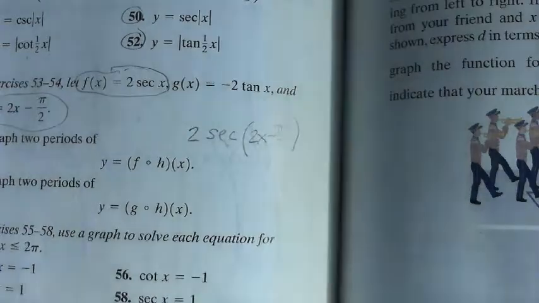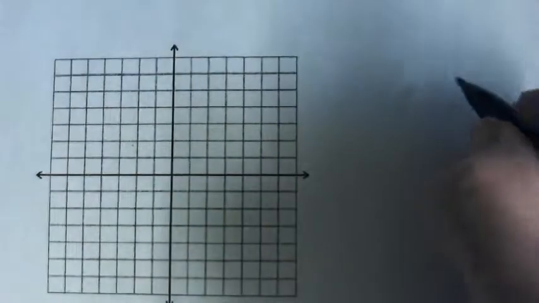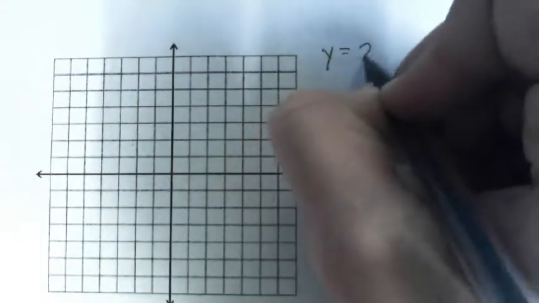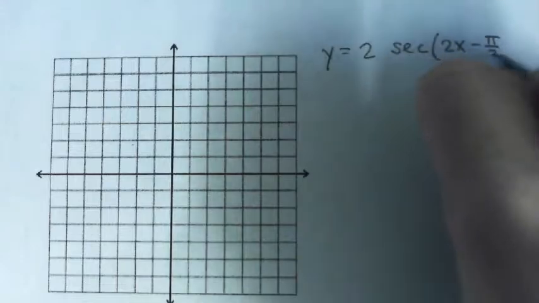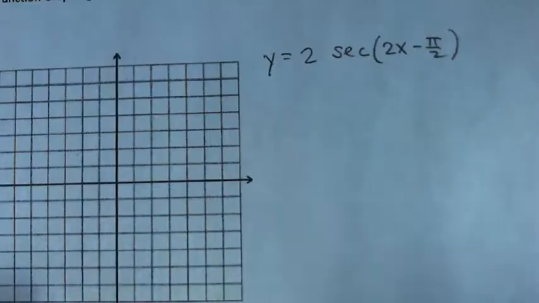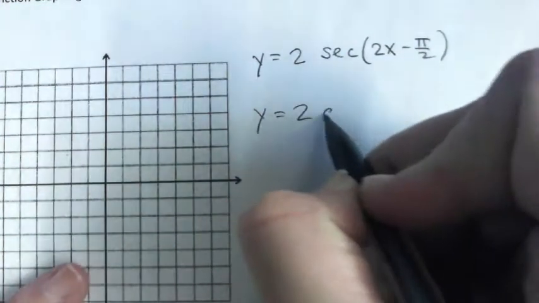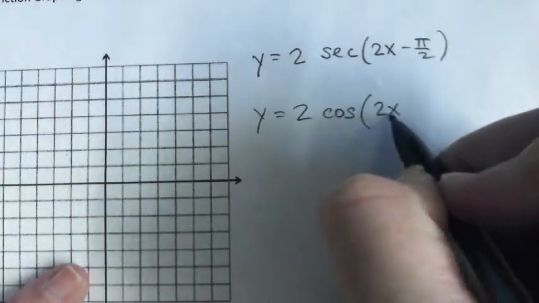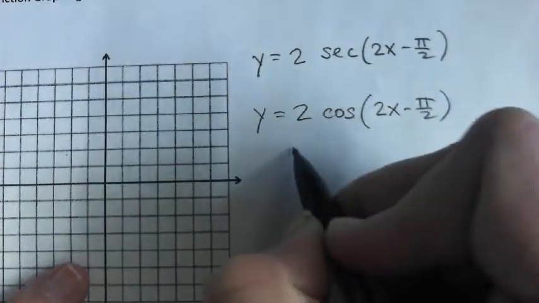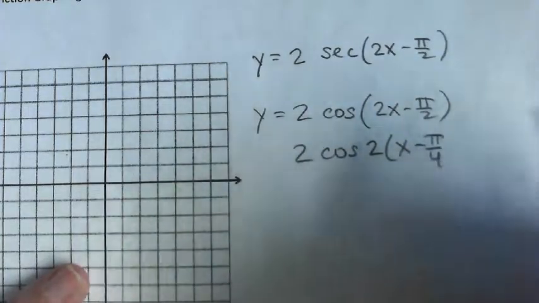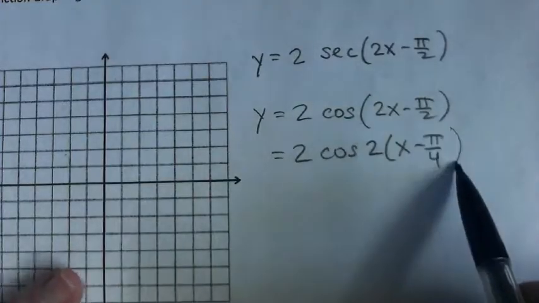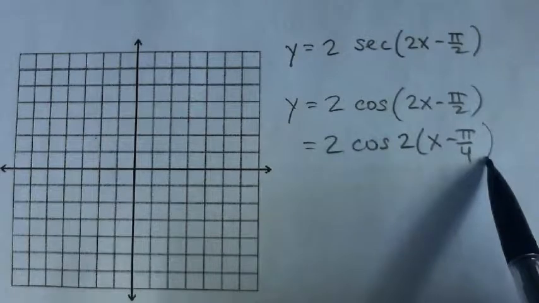So once we have that, and I'll bring this transferred over to a graph, y equals 2 secant of 2x minus pi over 2. We can change that into the cosine to get our guide. Factor out your 2. And we are going to use that as our guide.